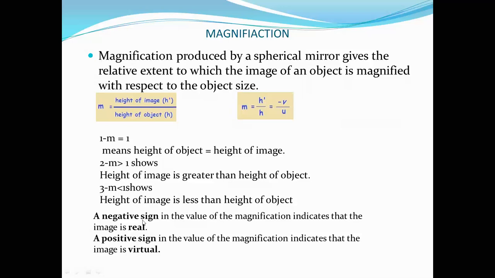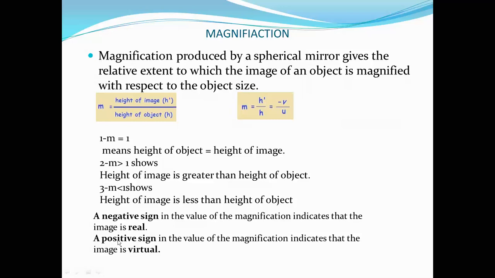If M comes in negative, the negative sign shows that the image is always real and inverted. If the M value is minus 0.5, minus shows real and inverted, and 0.5 shows the height of the image is less than the height of the object. This is the way we can find the nature of the image.